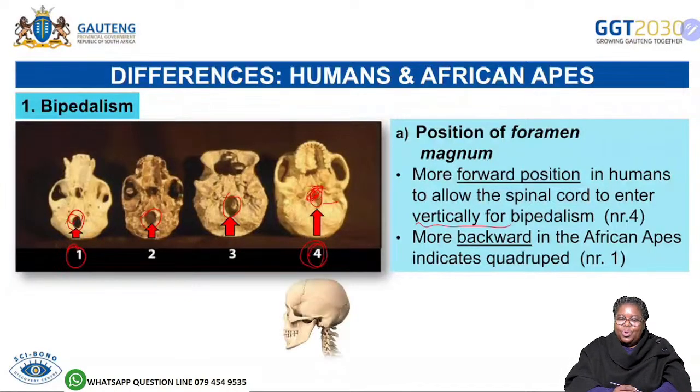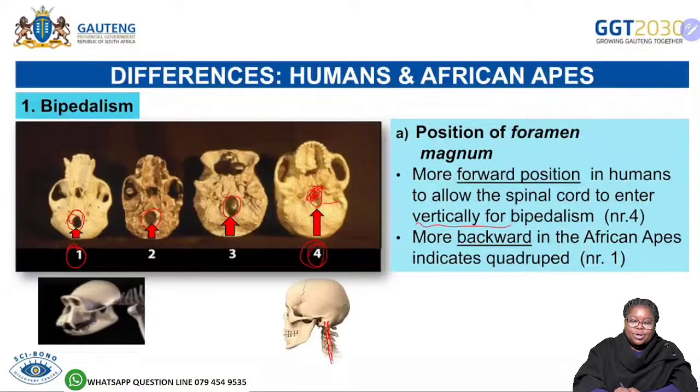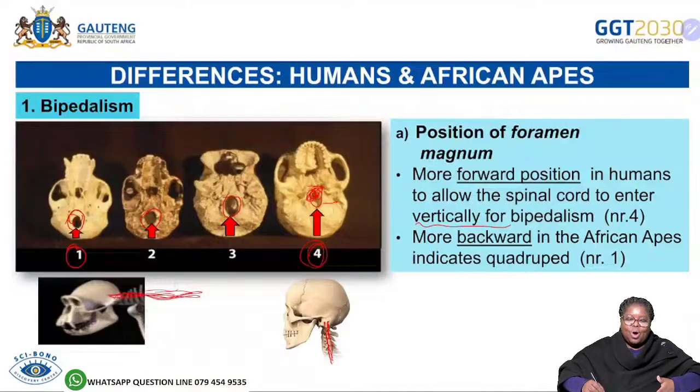Right? Now we're looking still at the differences in terms of the position of the foramen magnum. Can you see here? The spinal cord enters vertically so that it qualifies this to be bipedal, whereas with the African apes, the spinal cord enters horizontal so that it makes it walk on what?